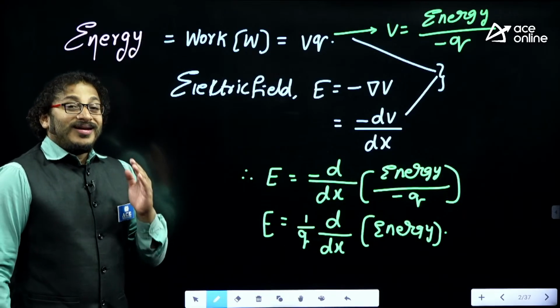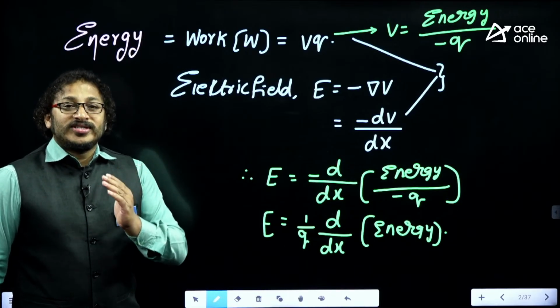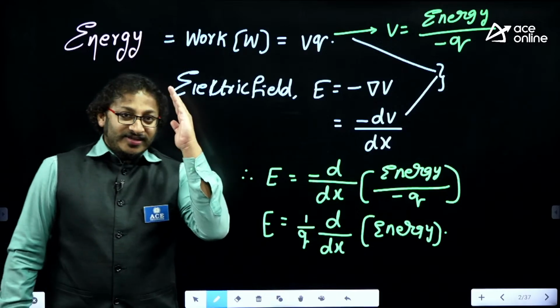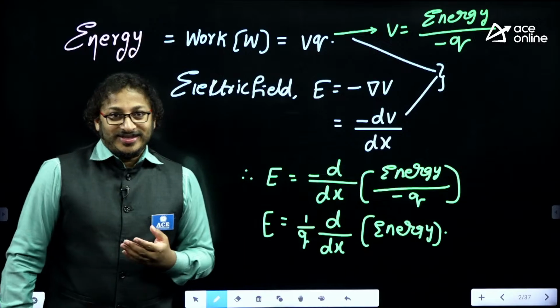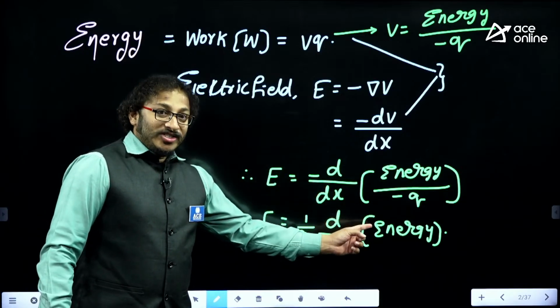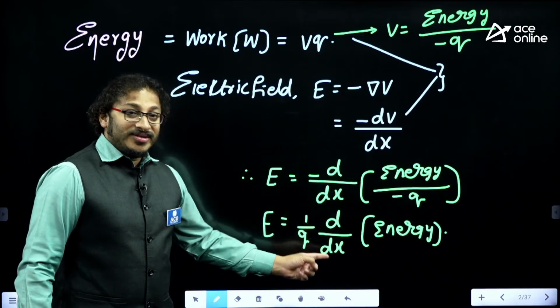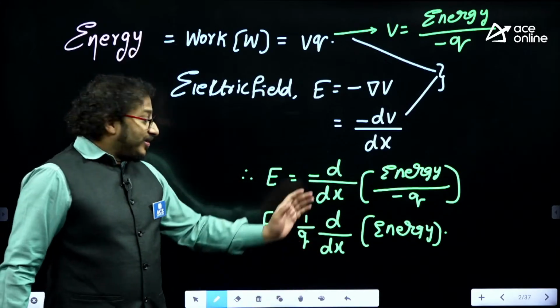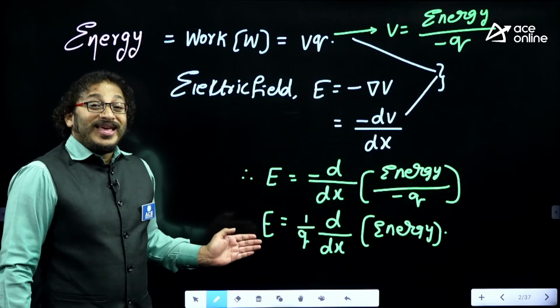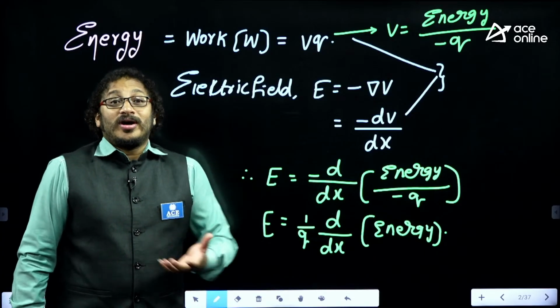If I plot a graph between energy versus distance, y-axis energy, x-axis distance, then I'm getting a slope. dy by dx is a slope. That slope represents the electric field present in a body.